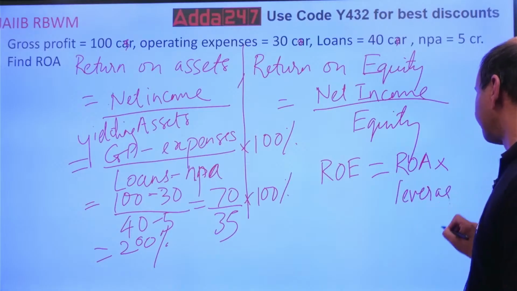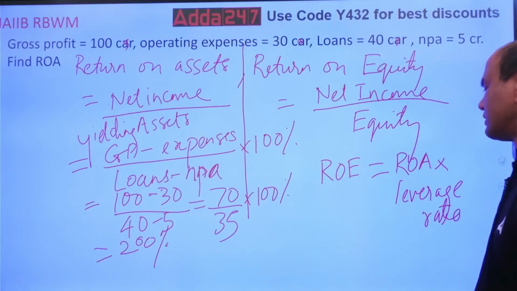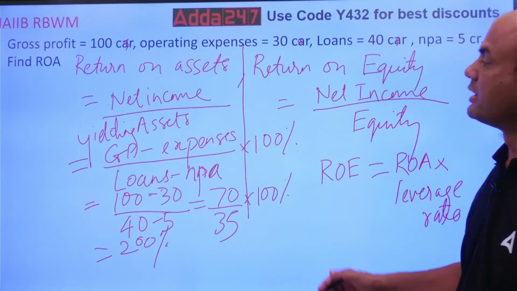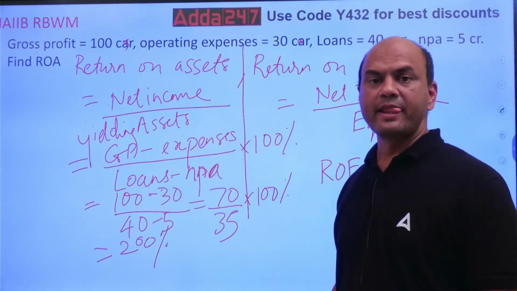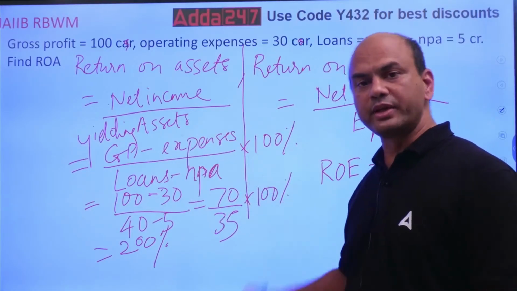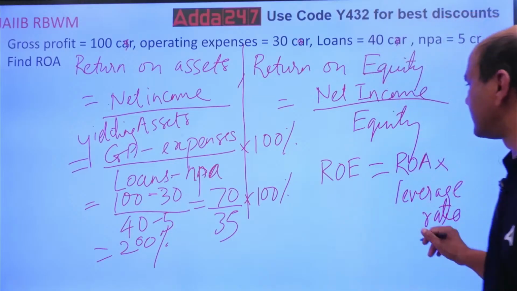This also might come to you in exam because it's there in your portion. ROA into leverage ratio. What is ROA? Income upon assets. What is leverage ratio? Assets upon equity.